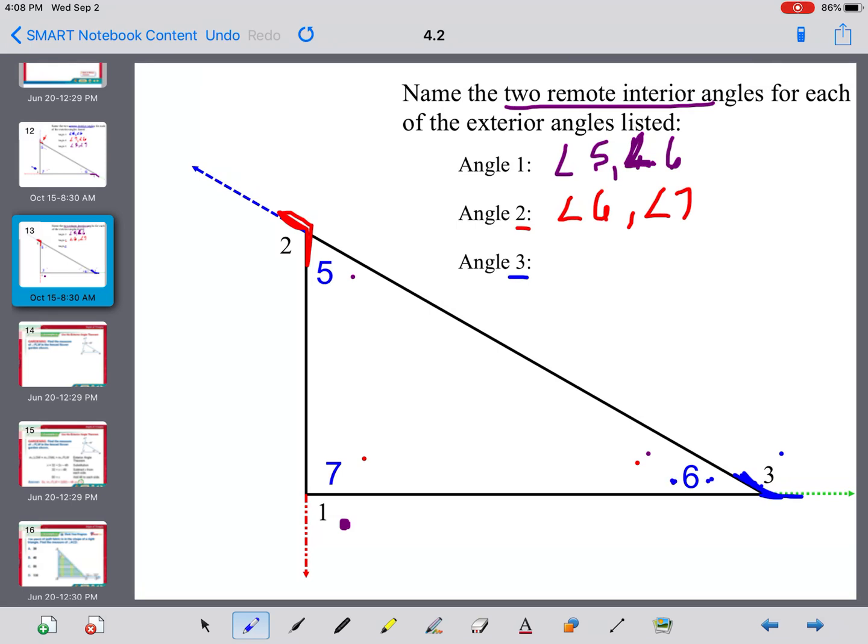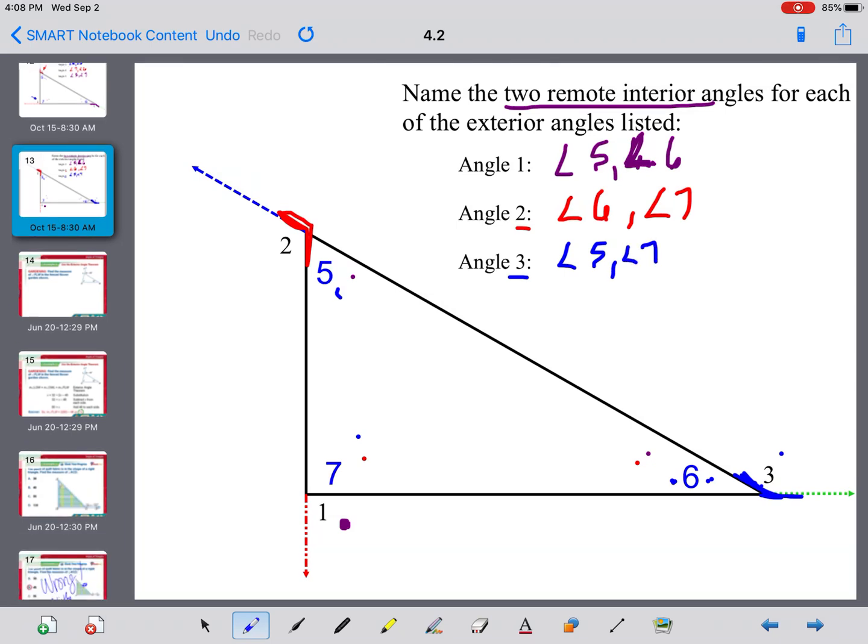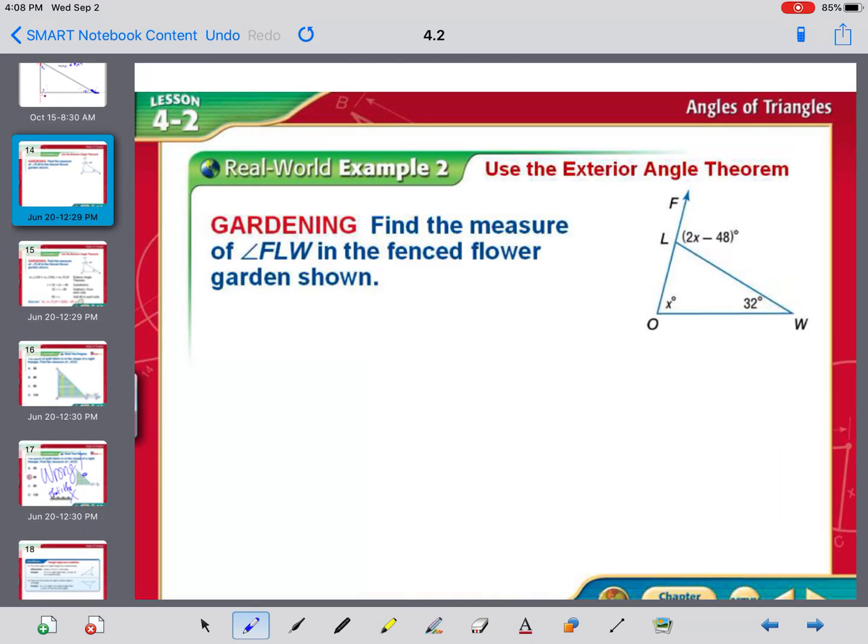And for angle 3, which is here, the remote interiors, because 6 touches it, right? You see 6 touches it. 6 is not remote. It touches it. So it's 5 and 7. So it's just terminology and discussion, pieces of parts.